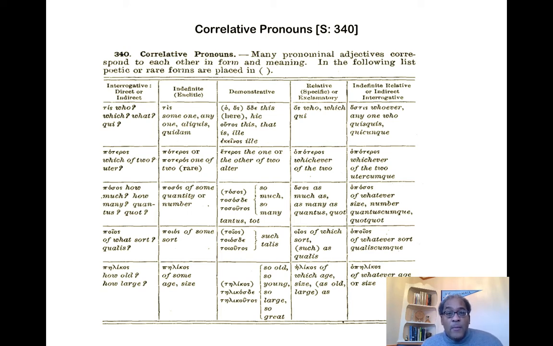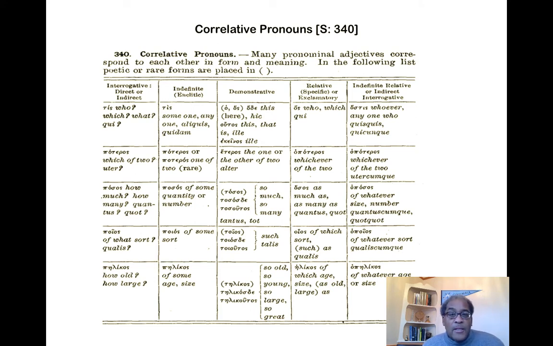So here, I want to direct your attention to the first two columns on the left. The interrogative, direct or indirect, and then the indefinite, which is the enclitic. This is where we want to put our attention.